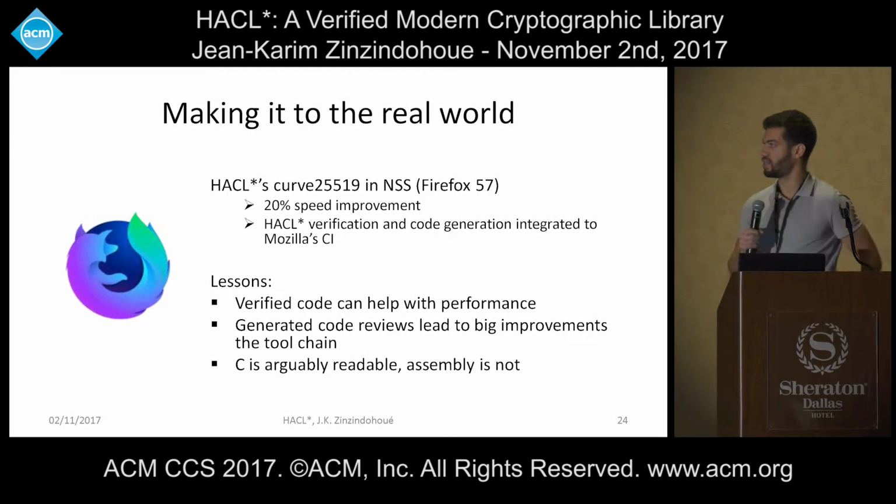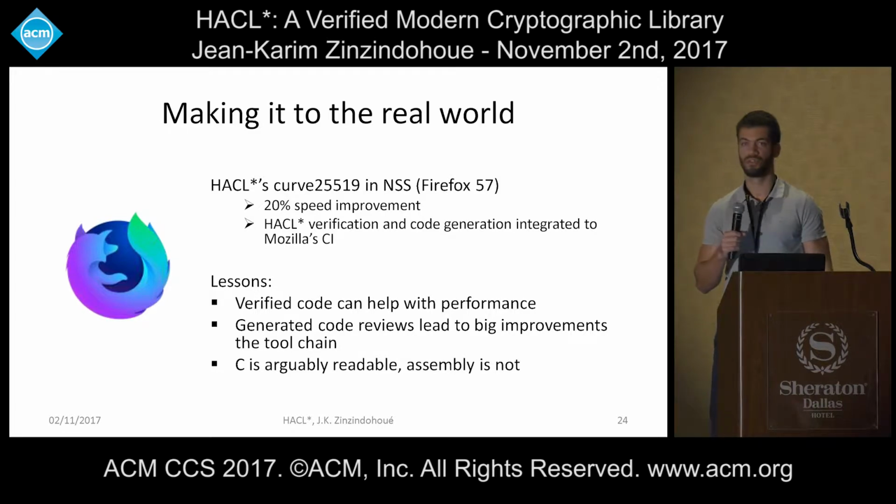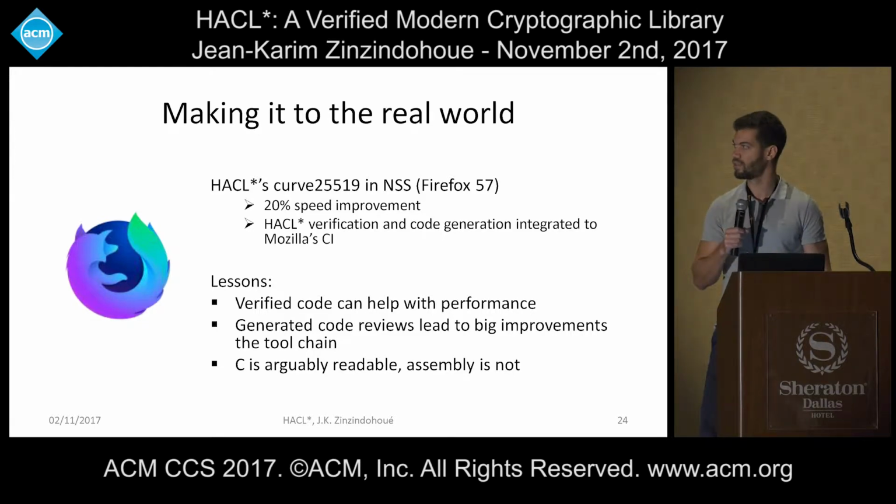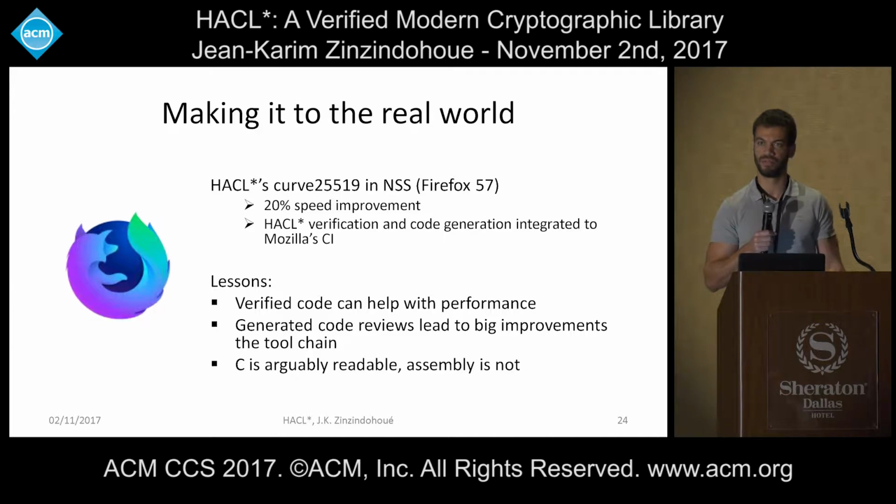Another interesting thing is that we made a lot of effort to port that code into the real world, and so we're very happy to say that Curve25519, the HACL-star version, is going to be shipped within Firefox 47, because it has been included in Mozilla's crypto library, NSS. It's about 20% faster than the previous version they had.